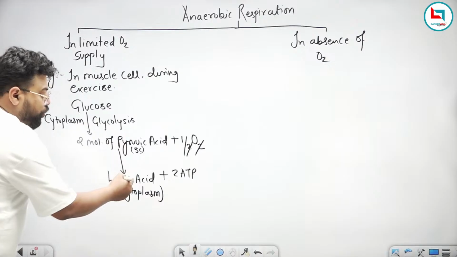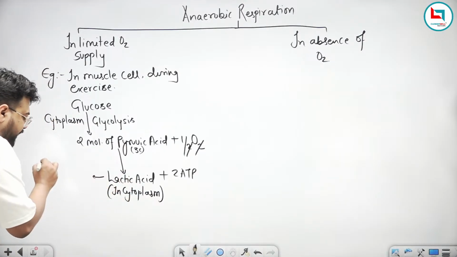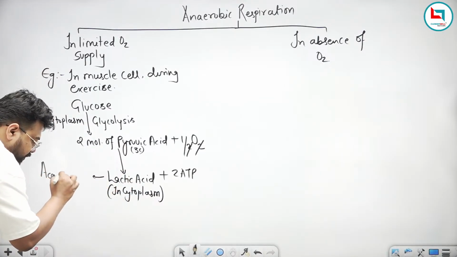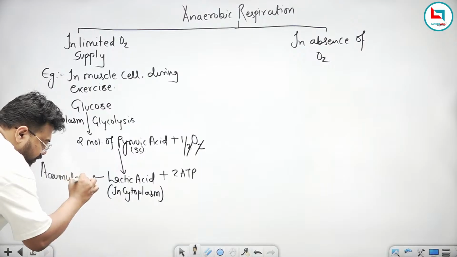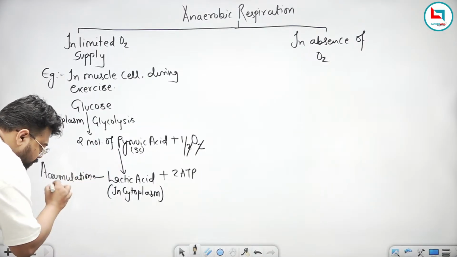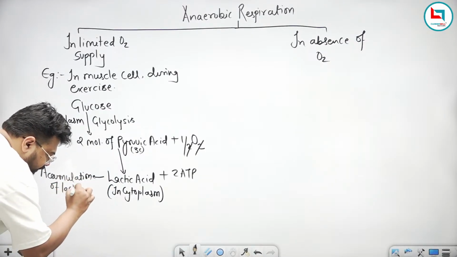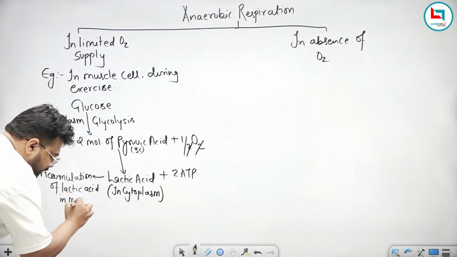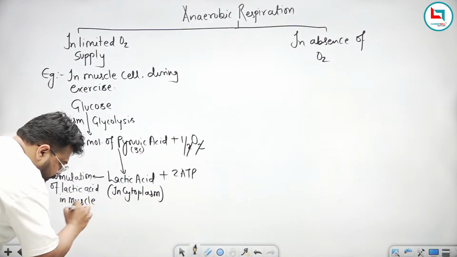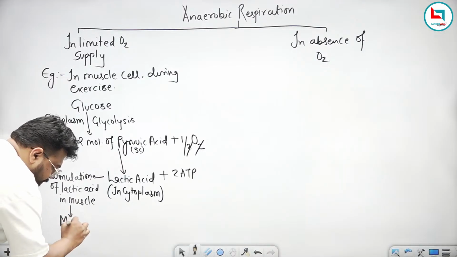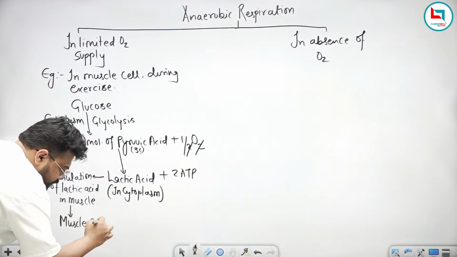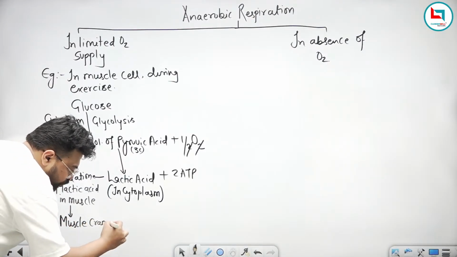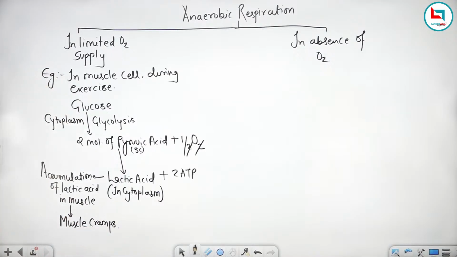Now, due to the accumulation of lactic acid in muscle, a person will feel muscle cramps. So due to the accumulation of lactic acid, the person will feel muscle cramp.